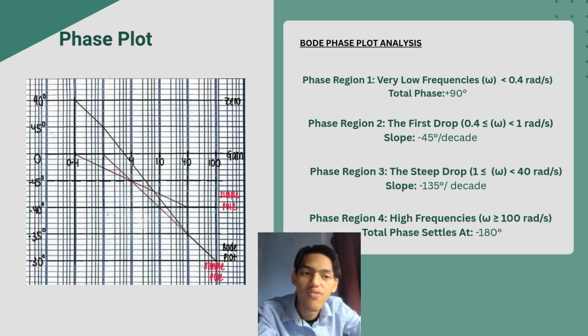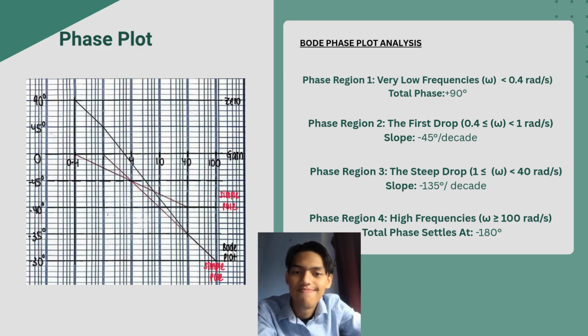The total phase levels out and settles completely at negative 118 degrees. This completes the analysis for the magnitude and phase characteristics of our system. I will pass it over to the next presenter.